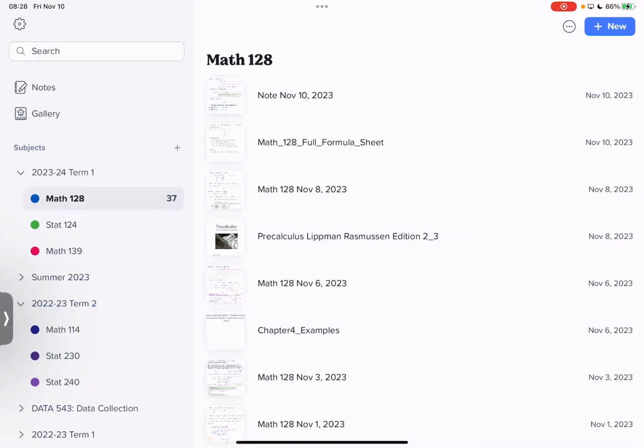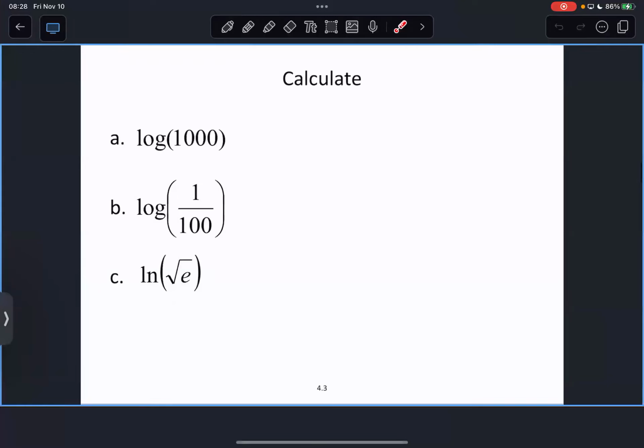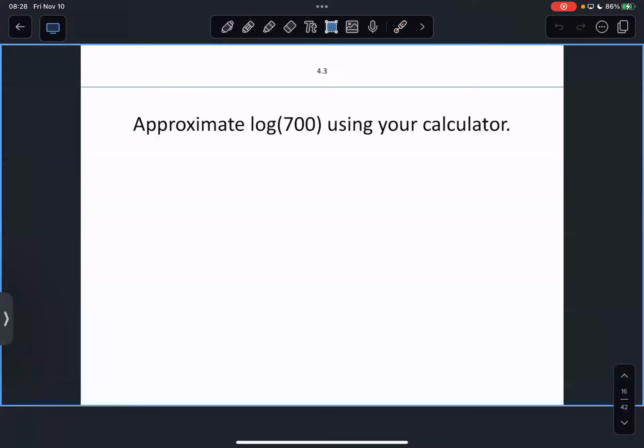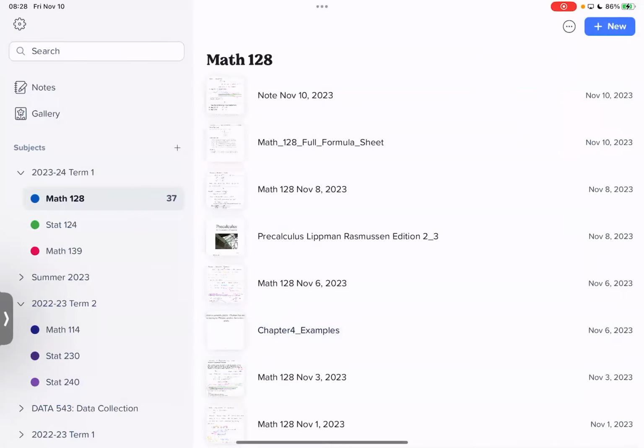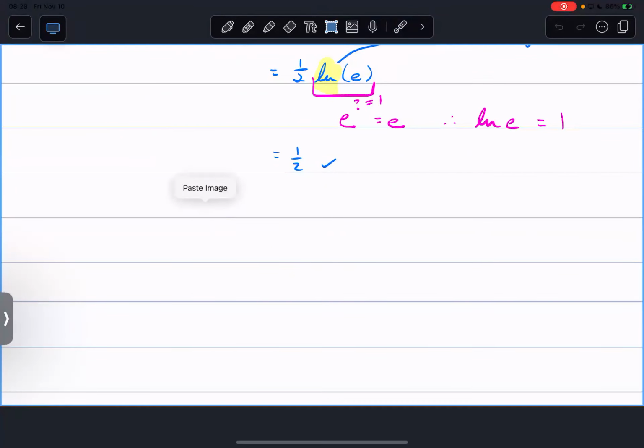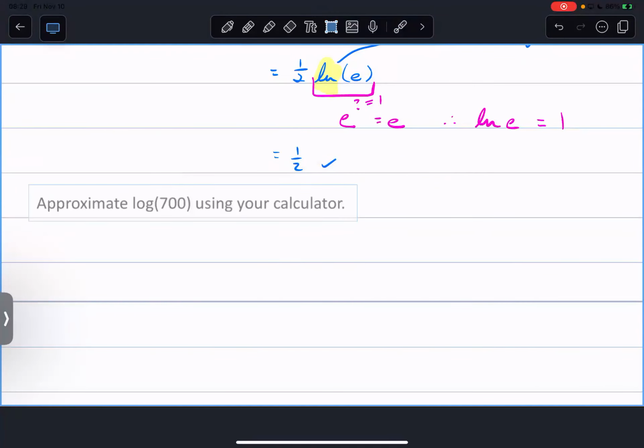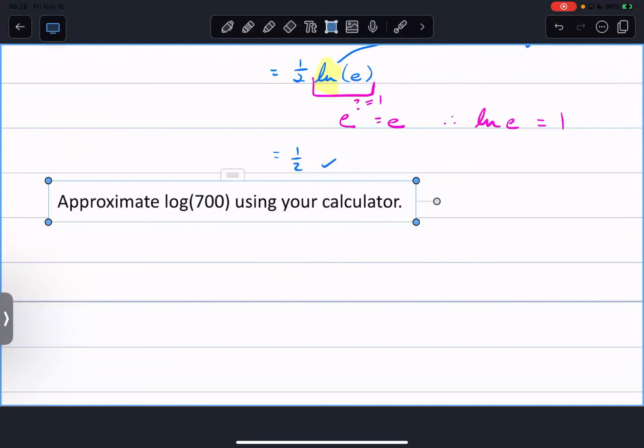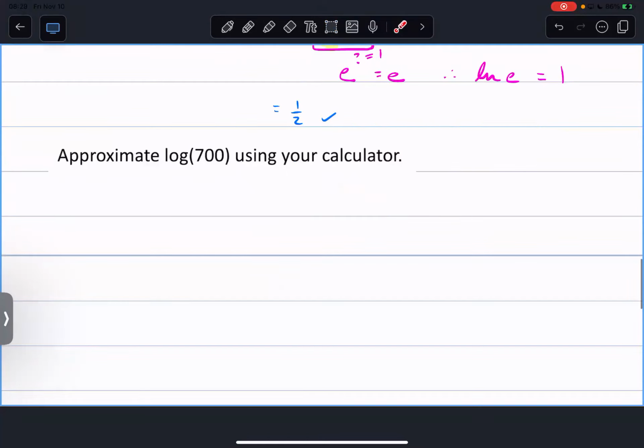I think there's another example. If we have to approximate log base 10, so the common log of 700, we're saying 10 to the power of something is equal to 700.